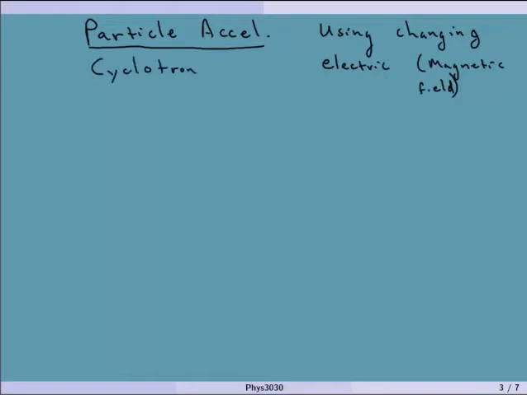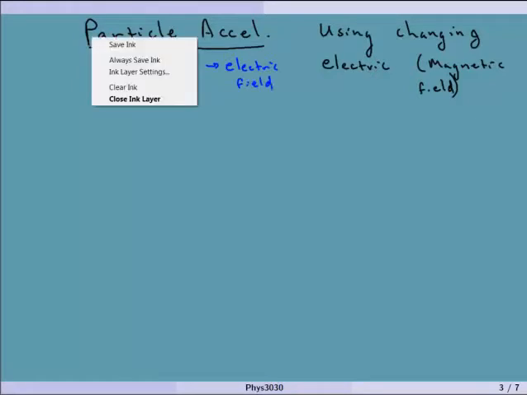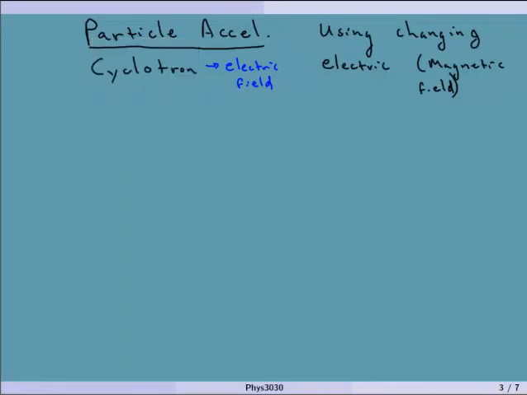A cyclotron is only an electric field. Okay, a synchrotron is both an electric field and a magnetic field. And there are other different types of particle accelerators.